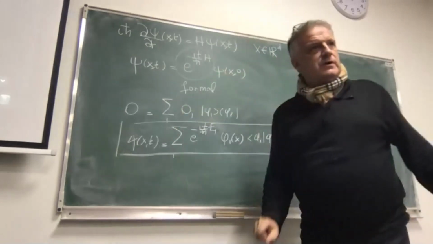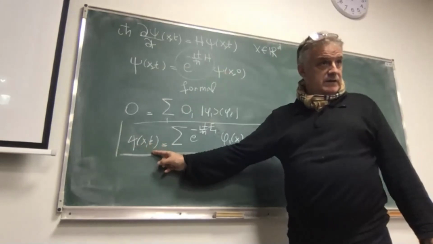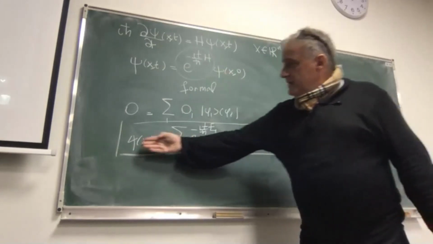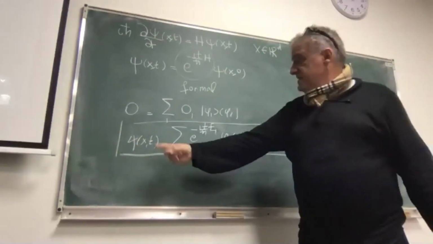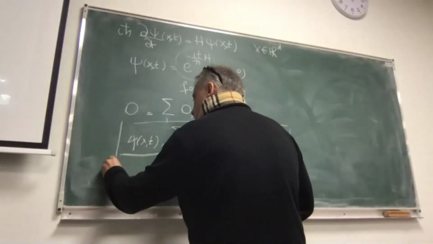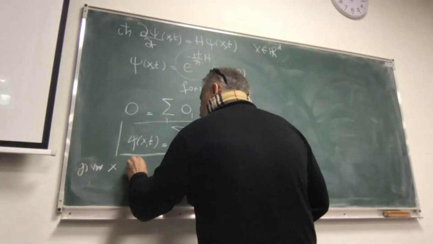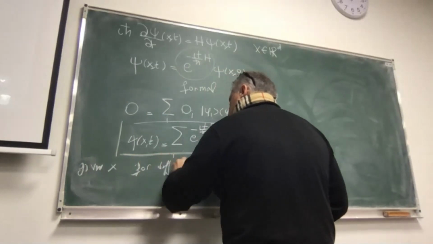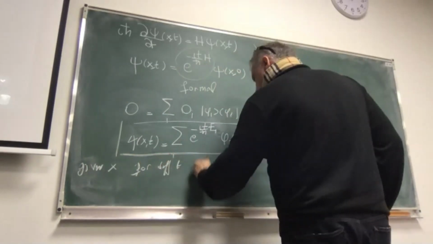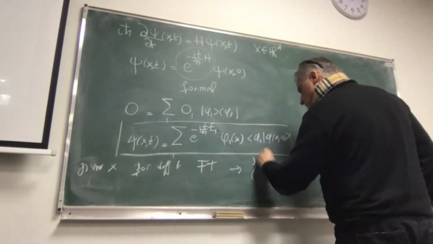If we are able to compute psi x of t by a simple Fourier transform of this quantity, let's suppose that you compute it for a given x and for different times, the Fourier transform will give you all the spectrum, for example.